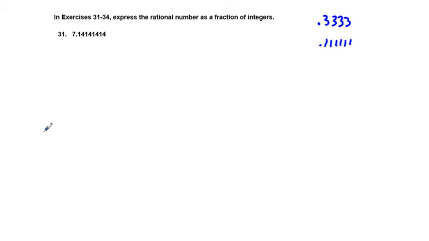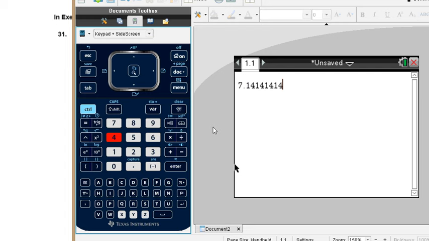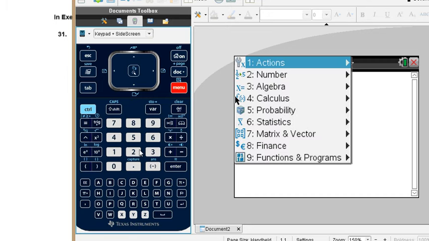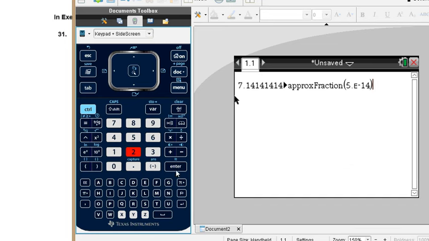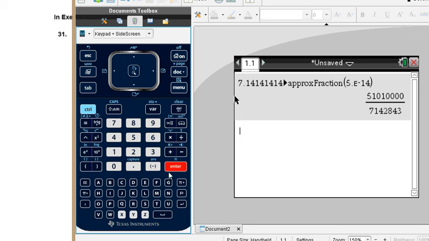Here I'm going to enter these in a calculator. So this is kind of a calculator exercise, really. I have my TI Inspire CX calculator, and I've pre-entered this number for problem 31. I go to menu and 2, which is number, and then option 2 again, which is approximate to fraction, and we press enter.